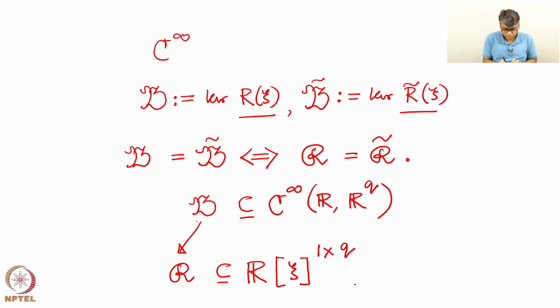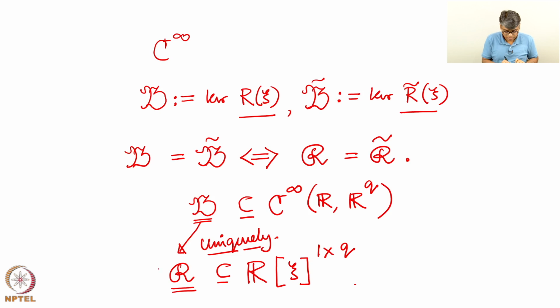So to each of these behaviors, I can associate this equation module uniquely, because no two different modules can give rise to the same behavior. If the two row modules are different, then their behaviors will necessarily be different, because if they are equal, the row modules have to be equal.